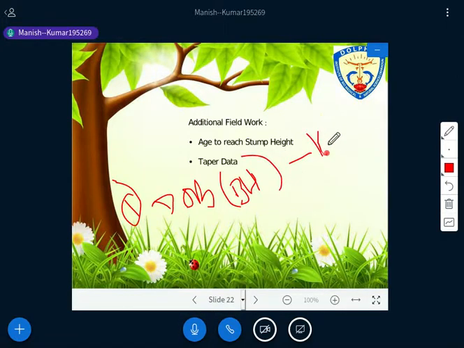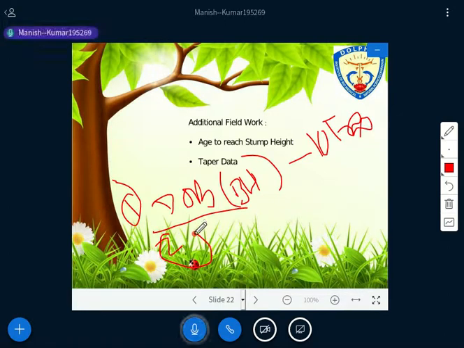Is it clear? That is the first thing you have to do to collect the taper data. Listen carefully and try to understand. First you need the diameter over bark at breast height of 10 trees. Is it clear?